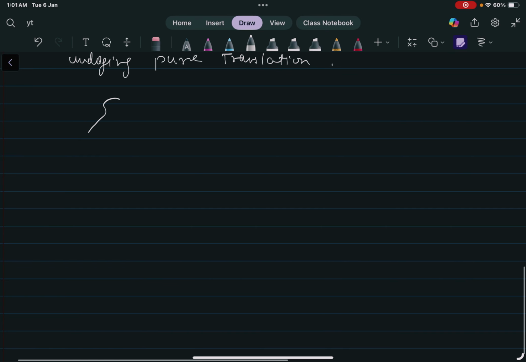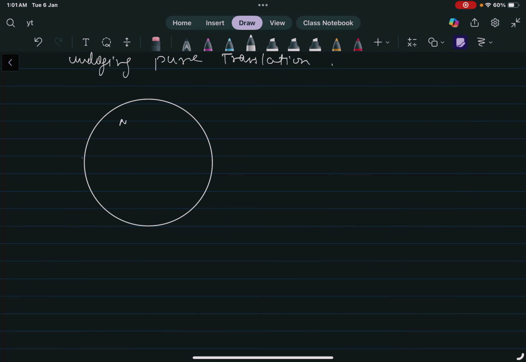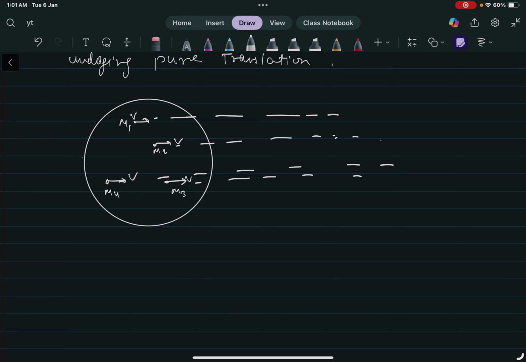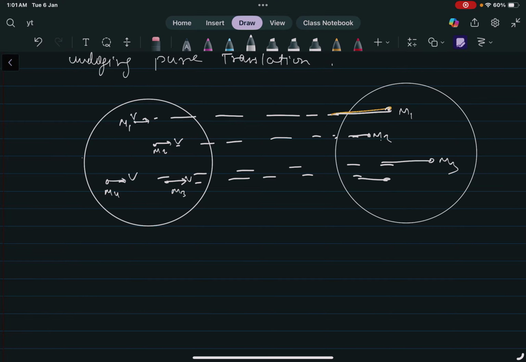Suppose this is the body where the mass is m1 with velocity v, mass m2 with velocity v, mass m3 with velocity v, mass m4 with velocity v, and they are all moving together.